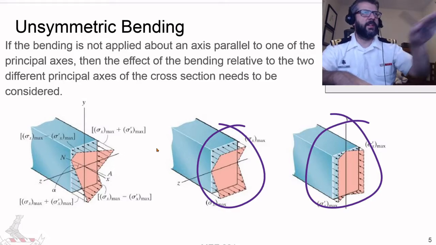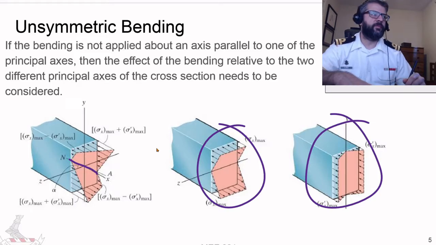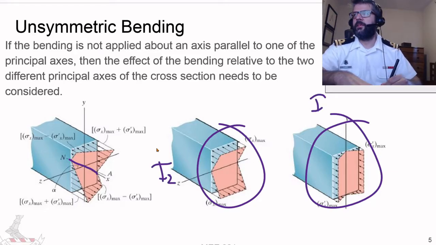So there's still going to be that line where there's zero stress. Like in this instance, it's right here. But where that line occurs is based upon the ratio of the I's. So the I about this axis, our Iz and our Iy, as well as the ratio of the two moments, the moment about this axis and the moment about this axis.